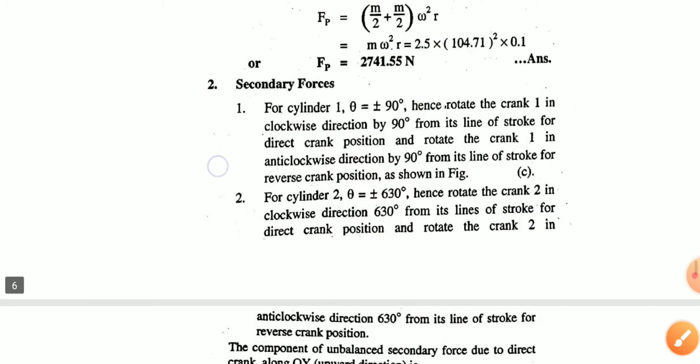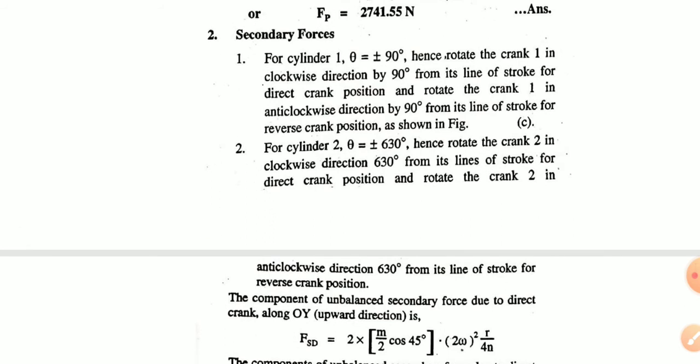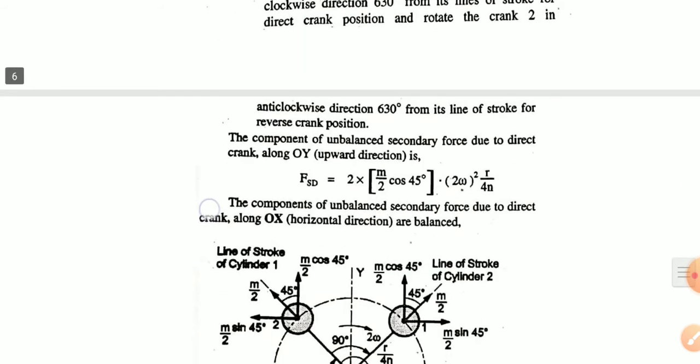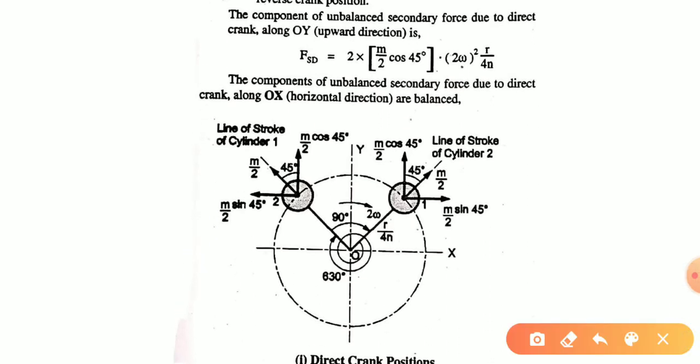In the same way for the secondary force, the cylinders are at 90 degrees and rotate in the clockwise direction. As we can see over here, for the direct crank the angle is positive, so this will be in this direction. For the secondary crank, the angle is 630, so this will be over here, and the line of stroke will be in that direction.